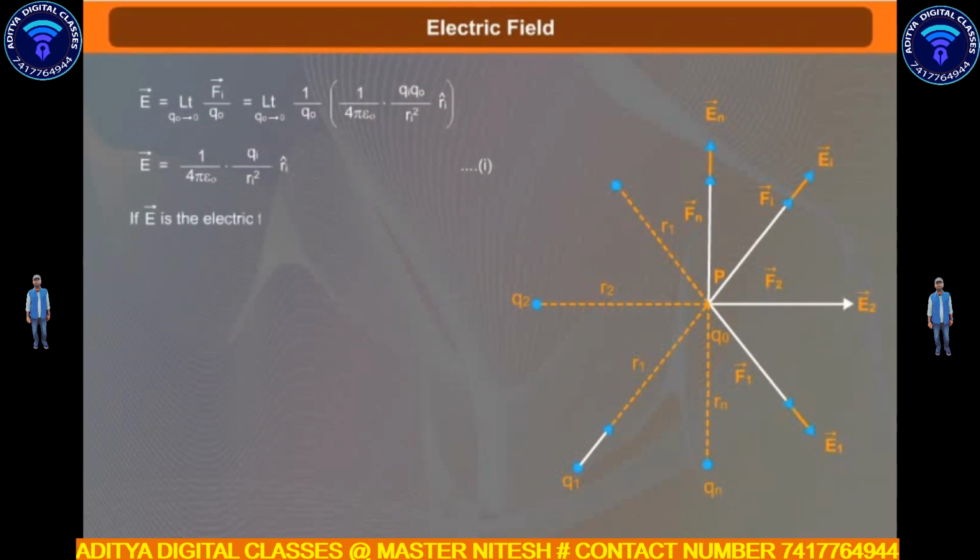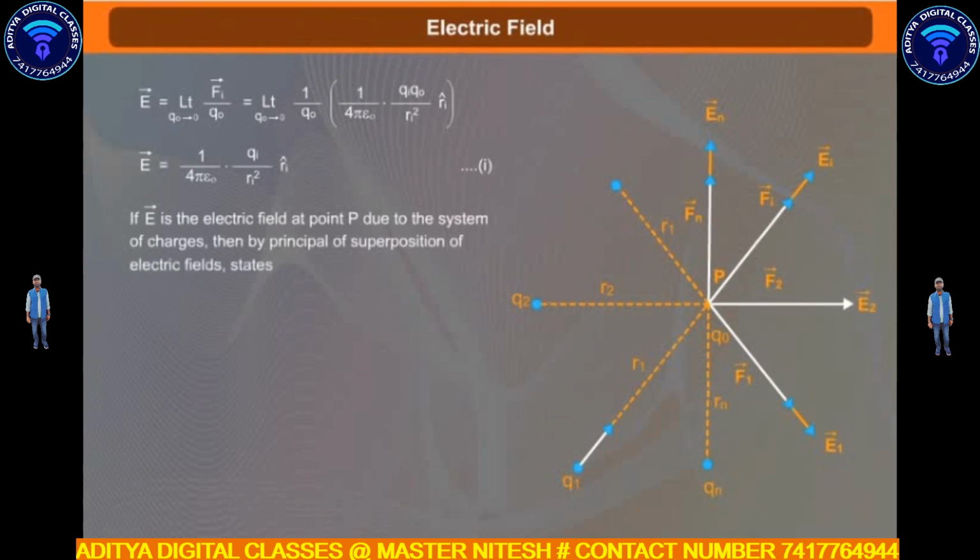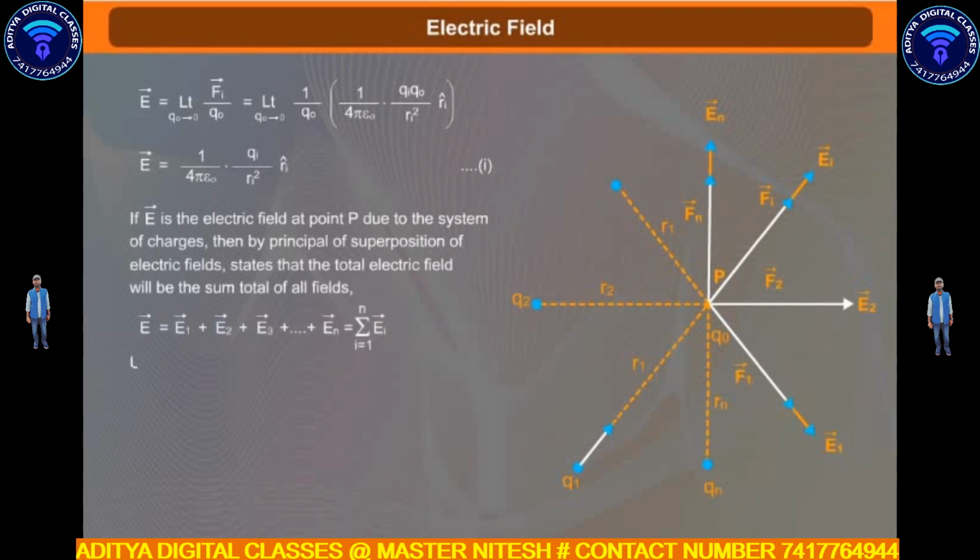If E is the electric field at point P due to the system of charges, then the principle of superposition of electric fields states that the total electric field will be the sum total of all fields. That is, using equation 1, we get the expression for electric field intensity for a system of charges.